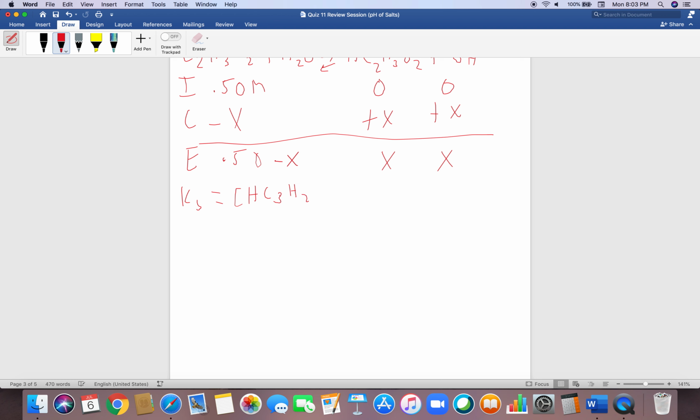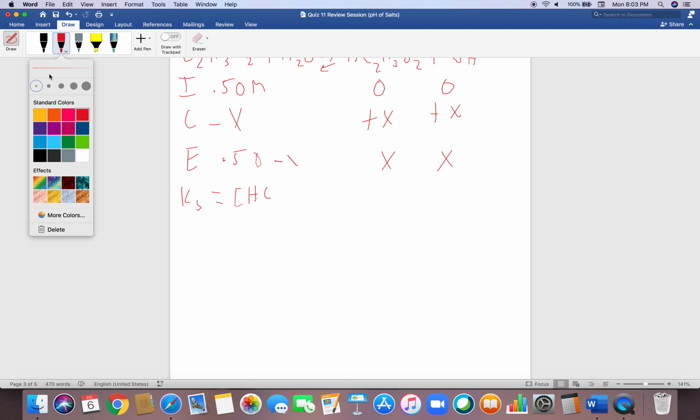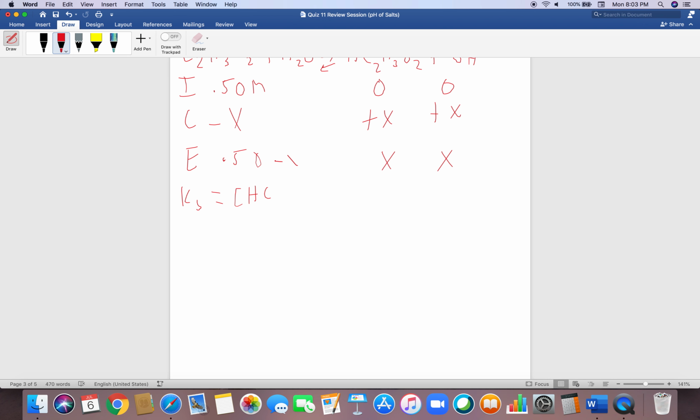That's going to equal my acetic acid concentration times my hydroxide ion concentration, divided by my conjugate base, which is the acetate anion.